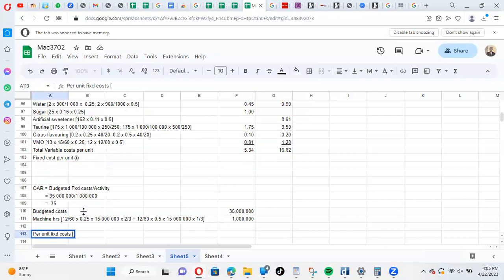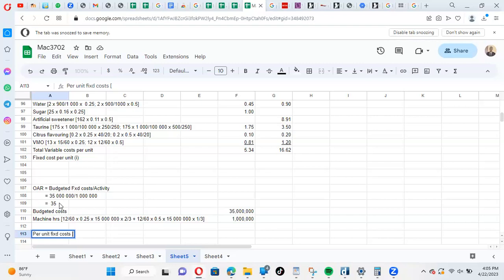Remember, when we're dividing here, 35 million is the budgeted fixed production costs, and our OAR is based on the machine hours. So now we need to know how many machine hours are needed to manufacture each of the units. That's simple, right?